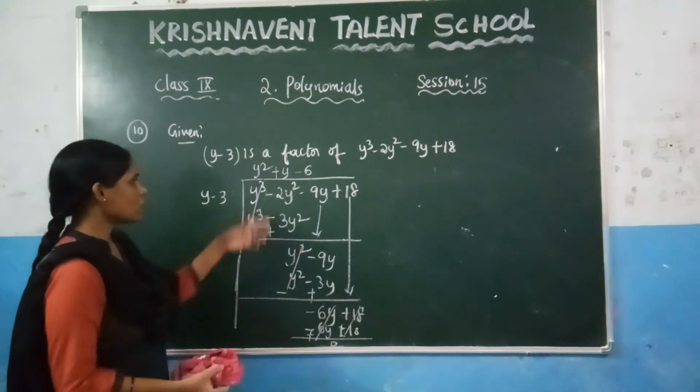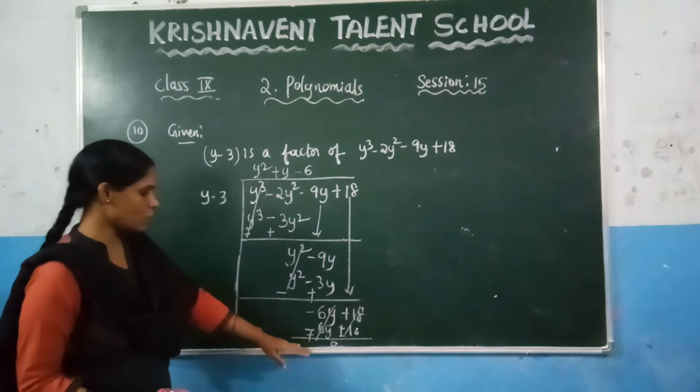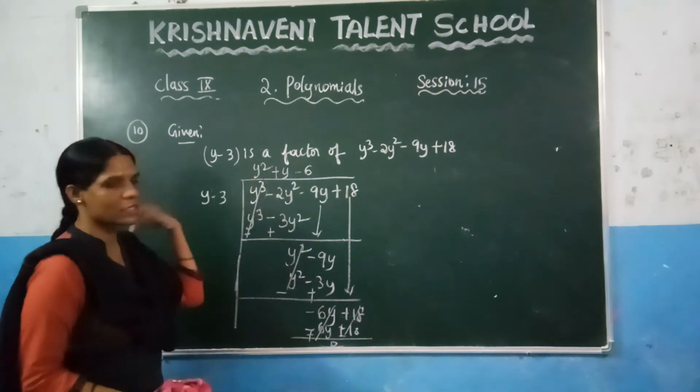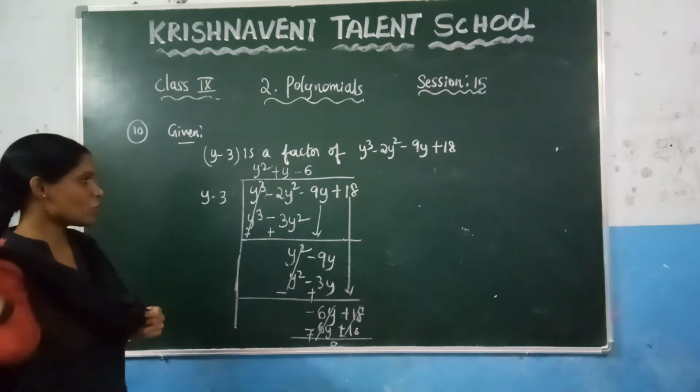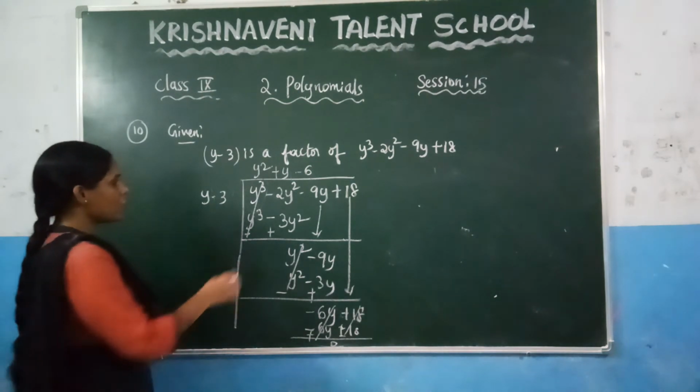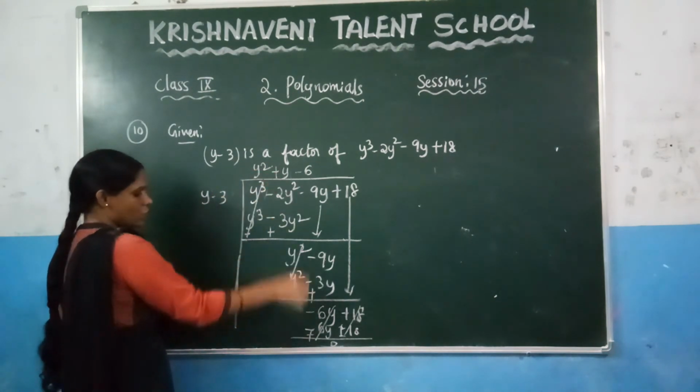So after dividing these two polynomials we got the remainder as 0, so we can say that it is a factor. Now, based on the divisibility rule, what we can write is: dividend is equal to divisor into quotient plus remainder.